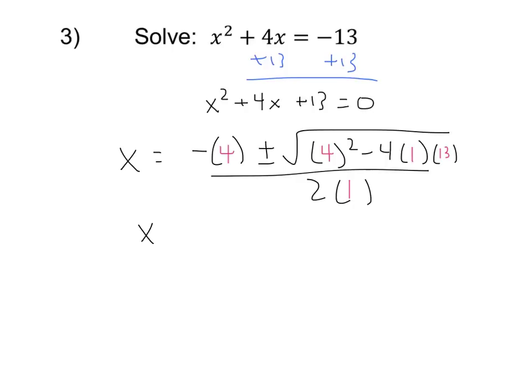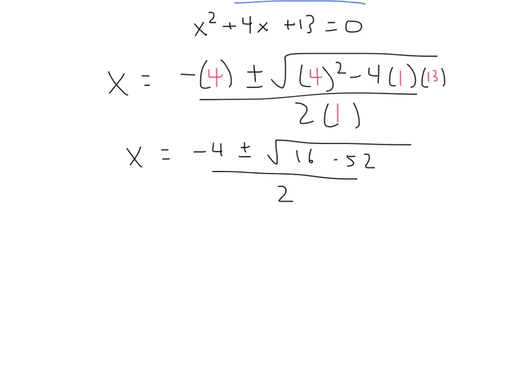So we end up here with -4 plus or minus the square root of 4 squared is 16, and then -4 times 1 is -4, and -4 times 13 is -52, all divided by 2.